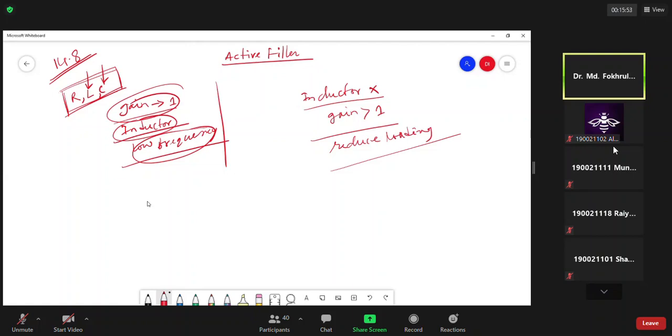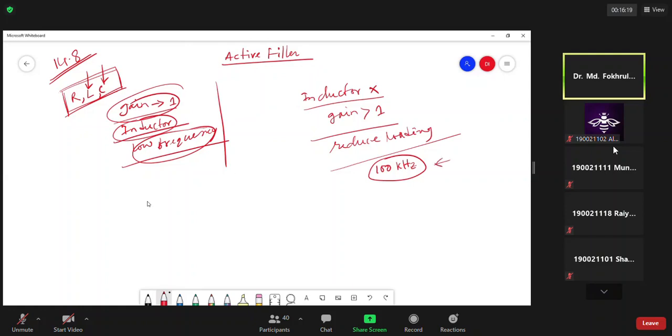The practical limit of most active filters is only about 100 kilohertz. Most active filters operate below that frequency. So one limitation is 100 kilohertz, the maximum frequency limit to perform well.